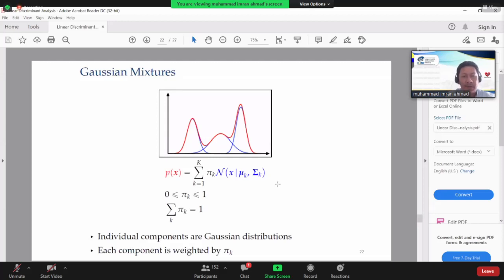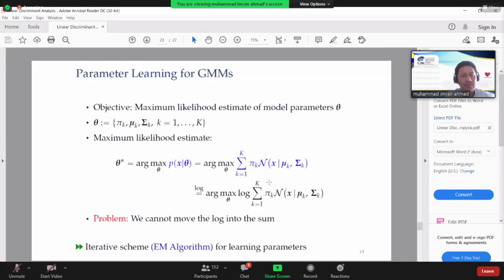We have training data for each class, and then we need to calculate the components for each class. Each class means, let's say, person number 1. You need to calculate all the parameters for person number 1. If you have person number 2, then you need to calculate the Gaussian parameters for person number 2, and so on. This is the idea of GMM. The objective is maximum likelihood estimation of the model parameters.